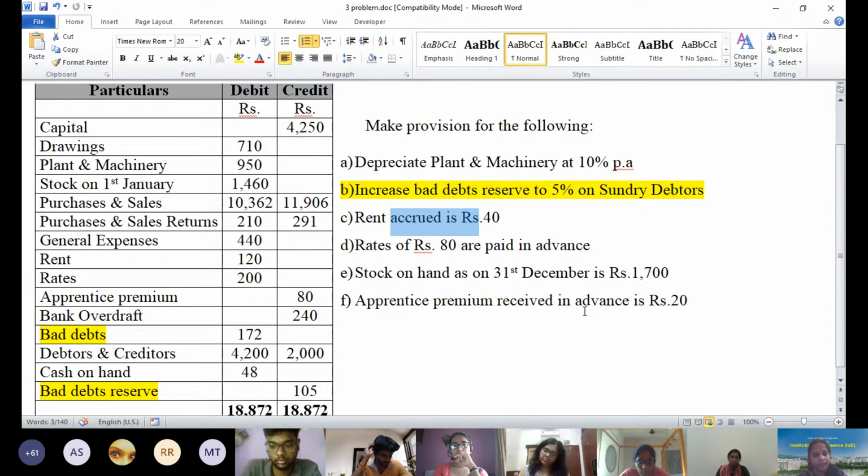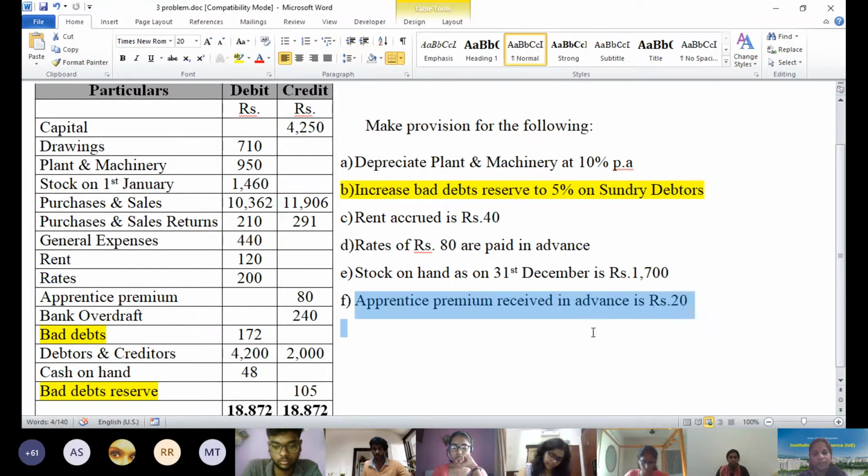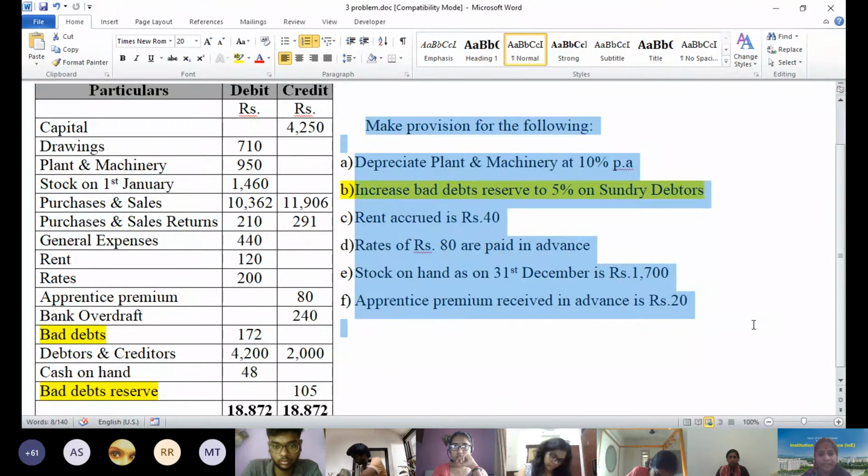Rates, we have to do the adjustments. Stock on hand is nothing but closing stock. There is also opening stock, stock on 1st January. Apprenticeship premium advance is there, so it has to be adjusted. These six aspects have to be adjusted in our adjustments.